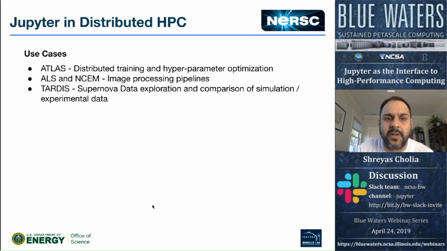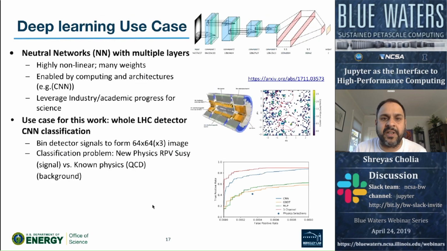So what I'm going to talk a little bit more about and show you a quick movie demo of is this deep learning use case with Atlas. They basically have a neural network set up. It's a convolutional neural network, which is great for doing image classification.